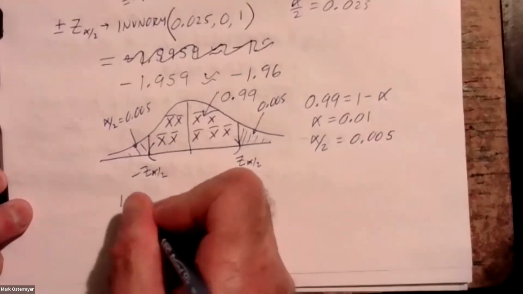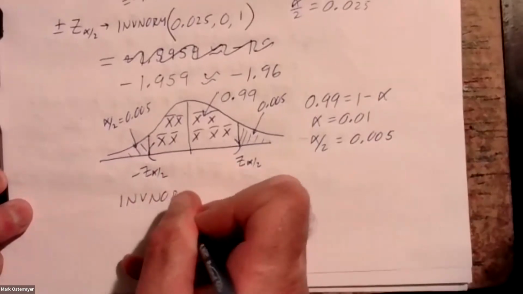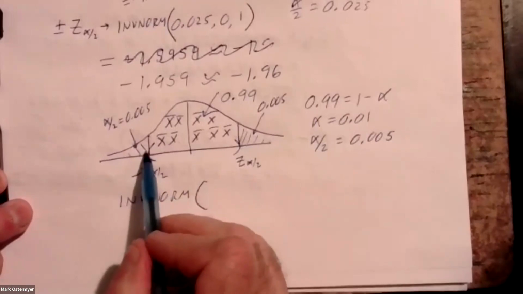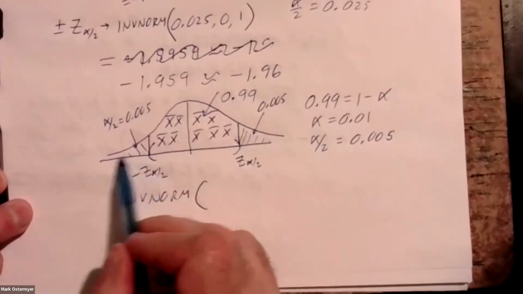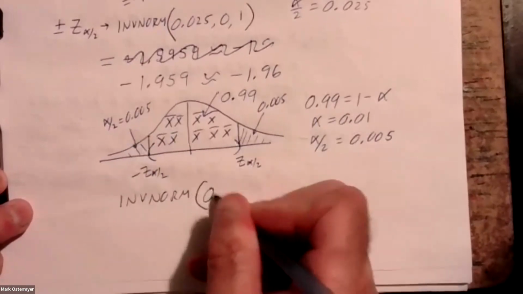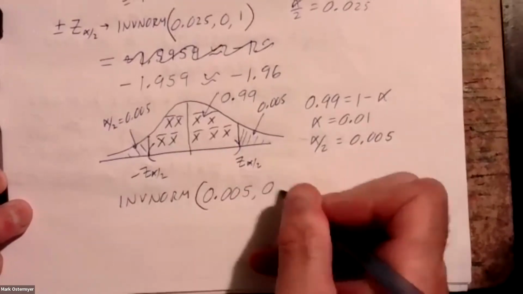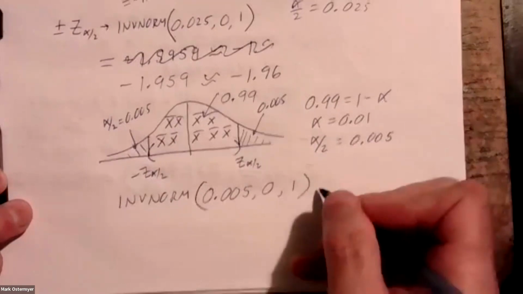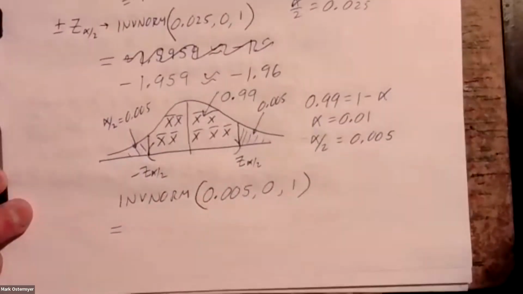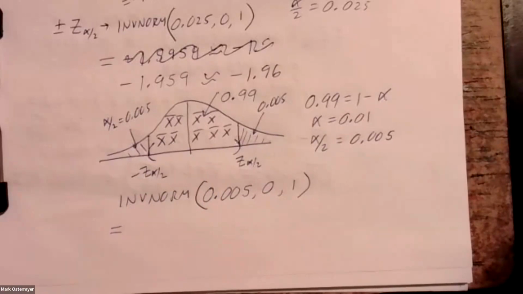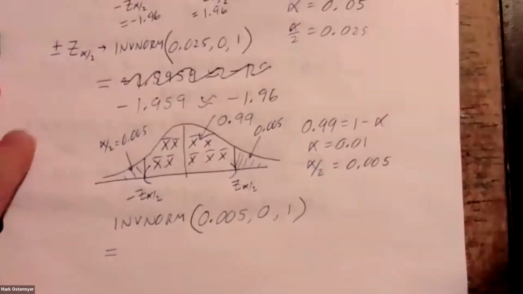So we use our inverse norm function again. The area below our lower tail critical z-value is going to be 0.005. And the mean and standard deviation are 0 and 1. Get on your calculator, dial that up, and tell me what your critical z-value is going to be now for this 99% confidence interval.